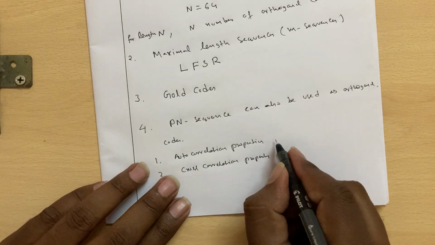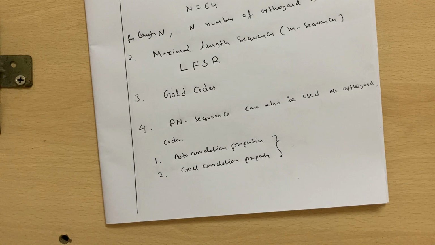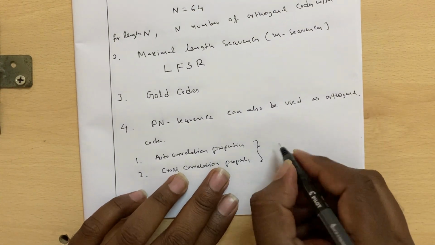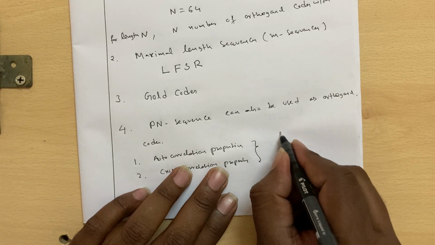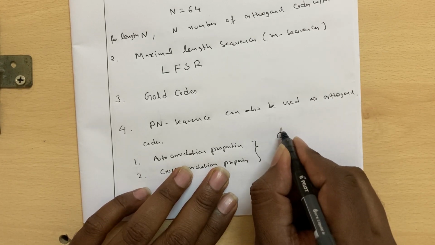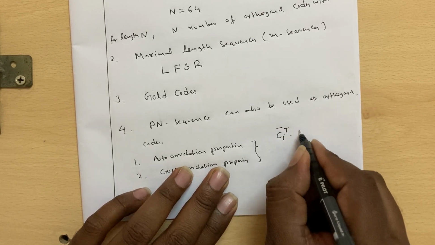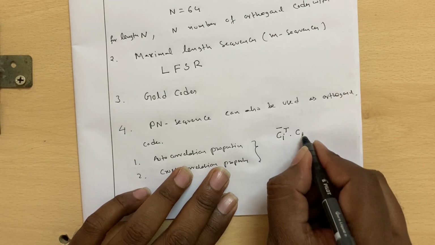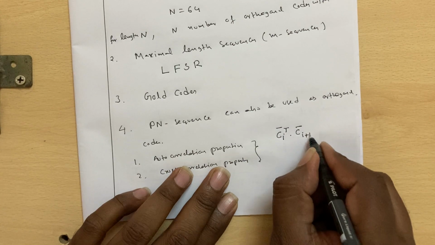These two properties must be satisfied. Autocorrelation property means the dot product with the shifted sequence, for example the ith code word with the shifted sequence Ci plus k.